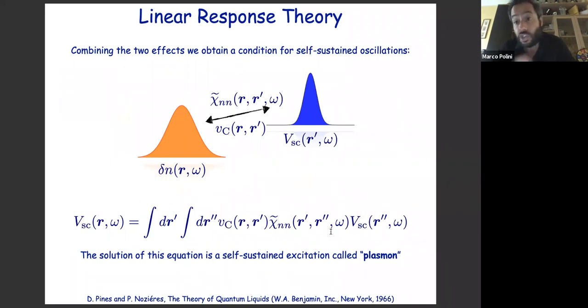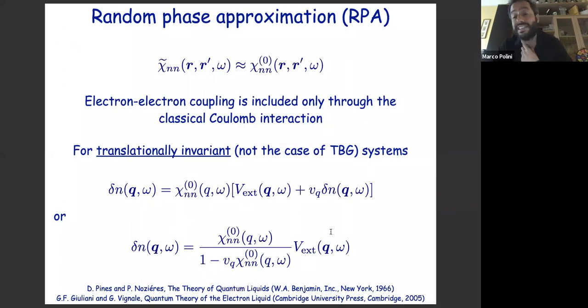That's written here in general for an inhomogeneous system. The solutions of these integral equations are called plasmons, and they are particularly easy to find in a celebrated approximation, pioneered by Pines, Bohm, Gell-Mann, and Bruckner in the late 50s, and it's textbook theory.